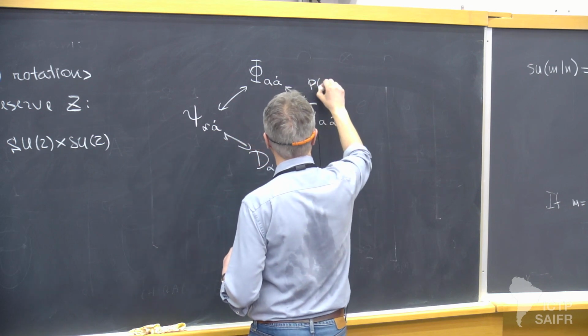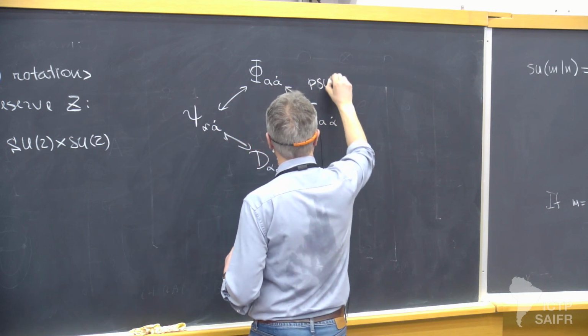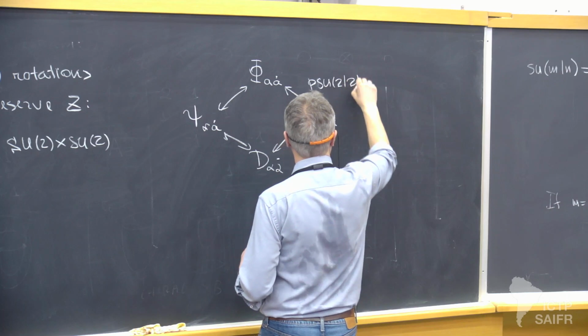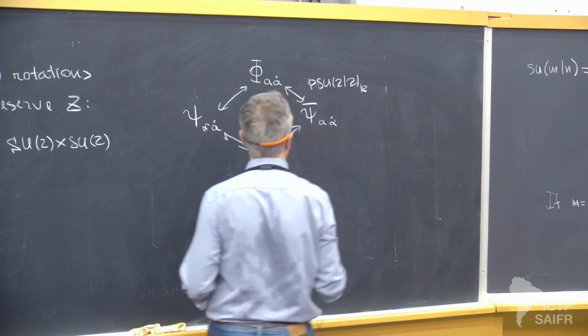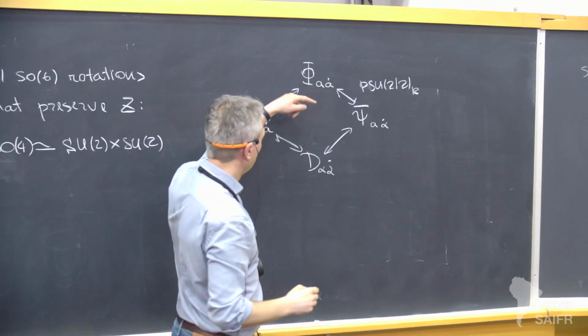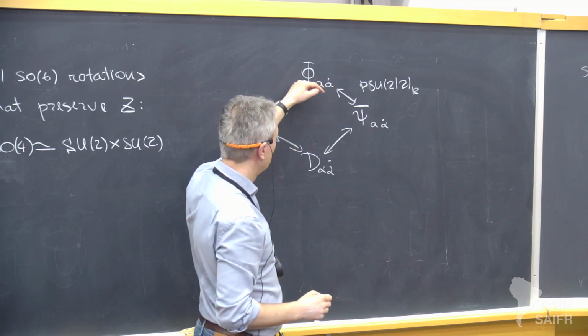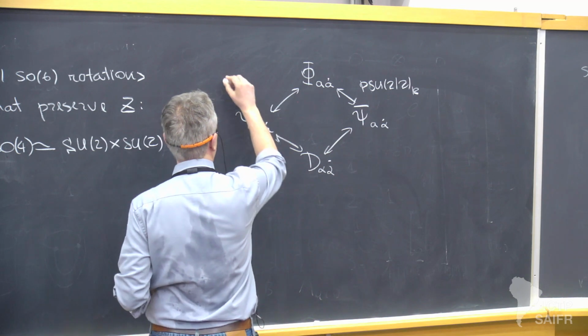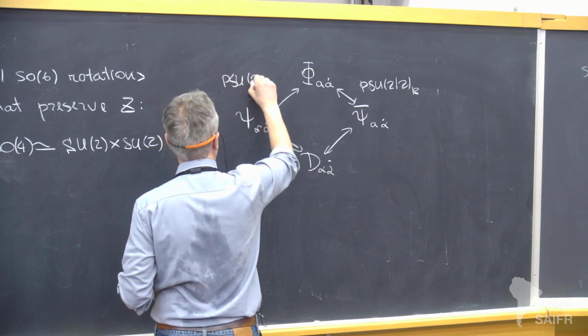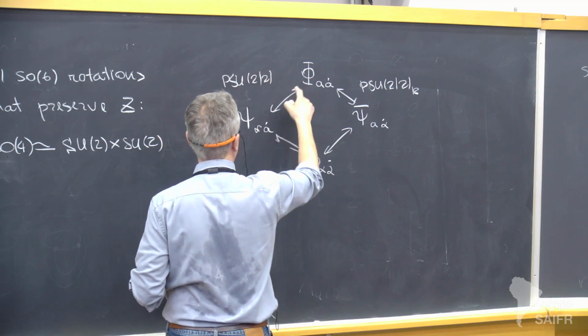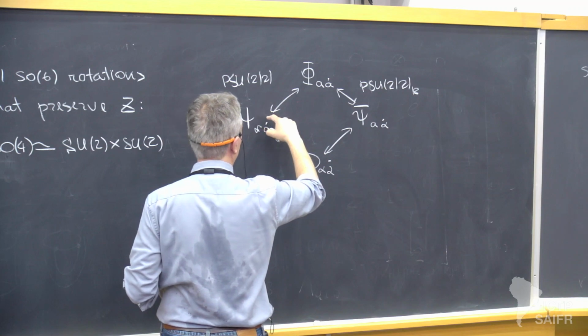And then one PSU(2|2), say the left one, will act in the southeast direction, and the right one will act in the southwest.